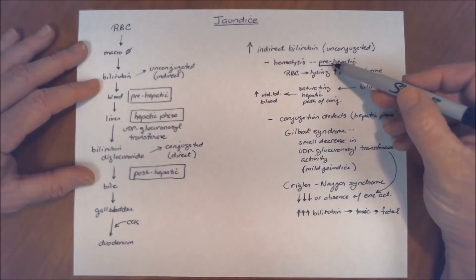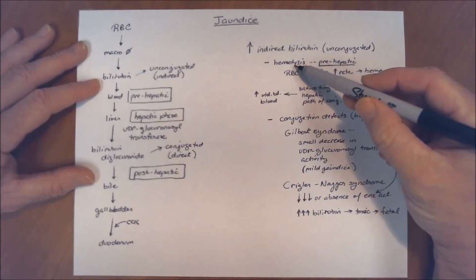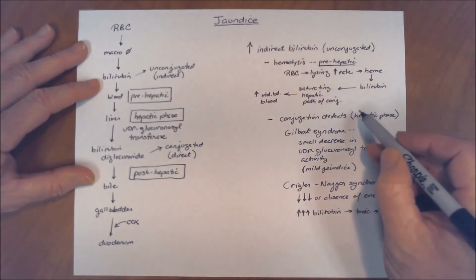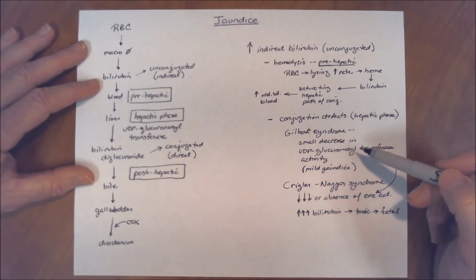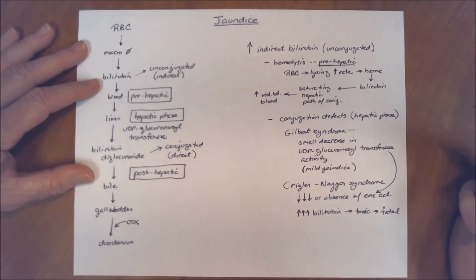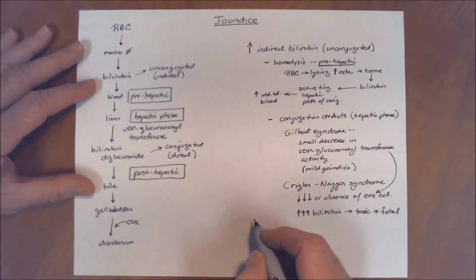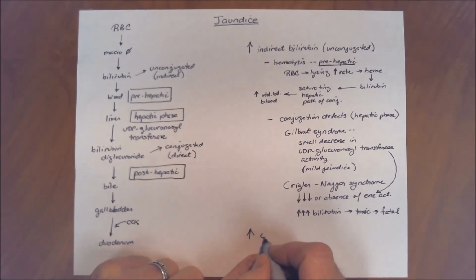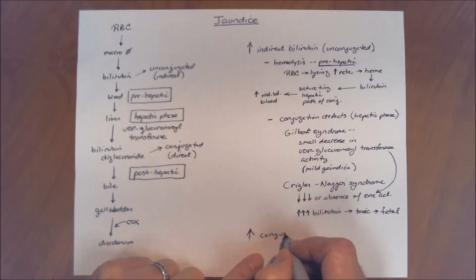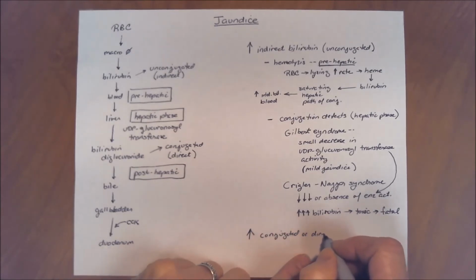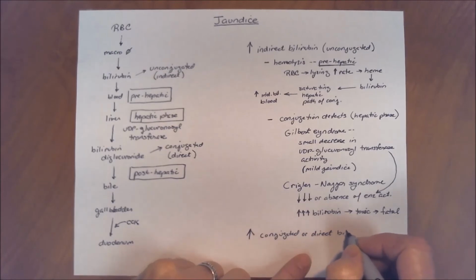So now that we discussed pre-hepatic issues, hemolysis that leads to elevated bilirubin levels, and the hepatic phase of poor enzyme activity or incomplete enzyme activity for conjugation leading to elevated bilirubin levels, what about increased conjugated or direct bilirubin?